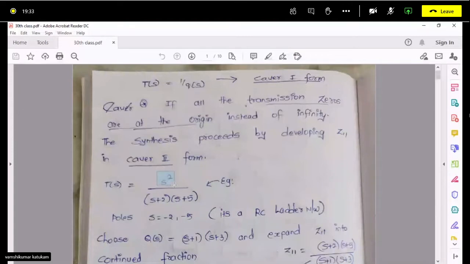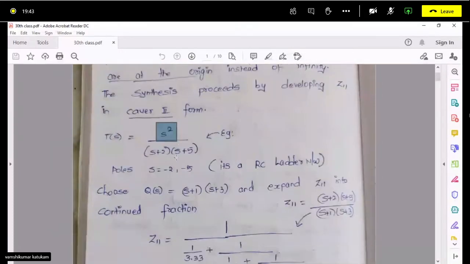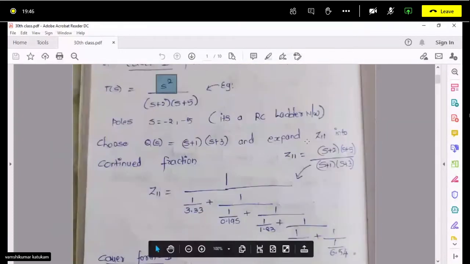So two zeros are possible here, and if all those zeros are at origin instead of infinity, the synthesis proceeds by developing KF2 form. You have to use KF2 form.